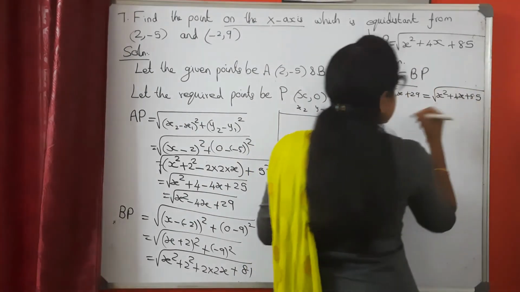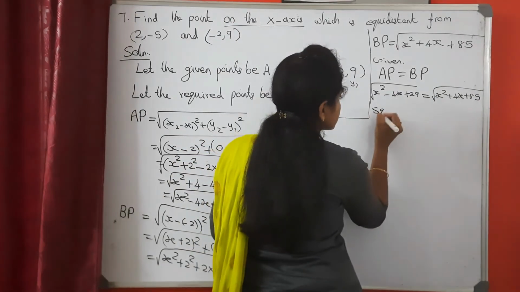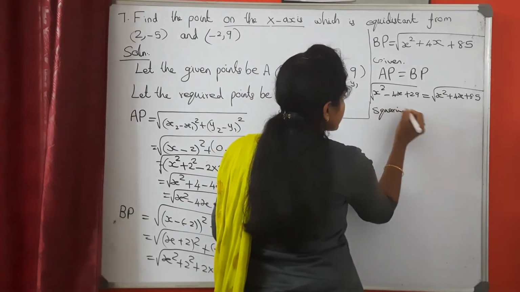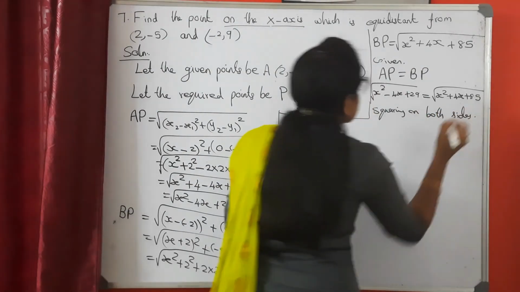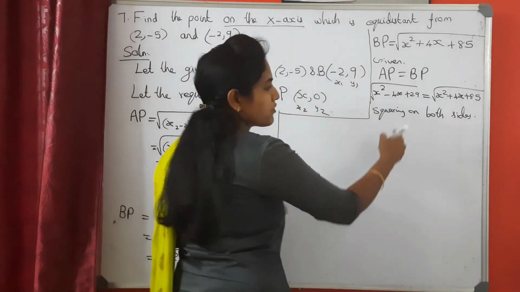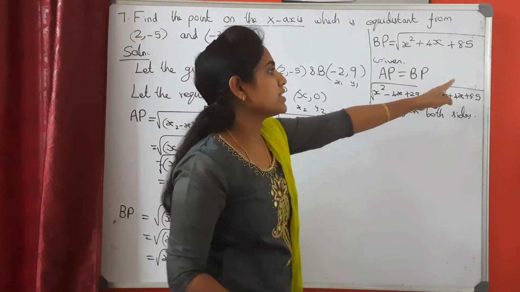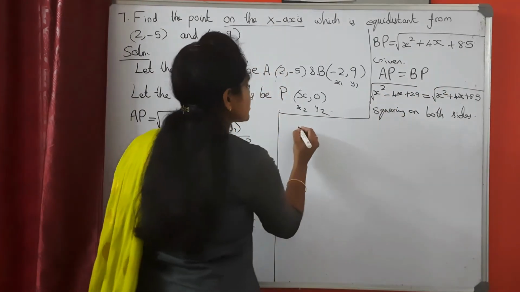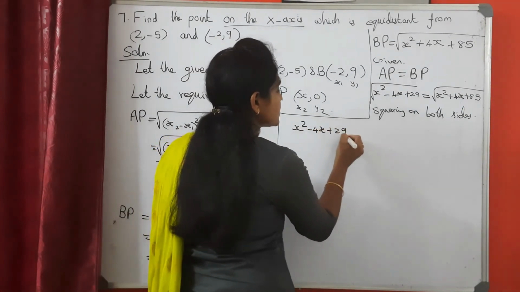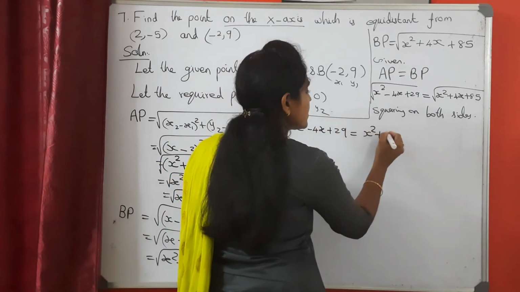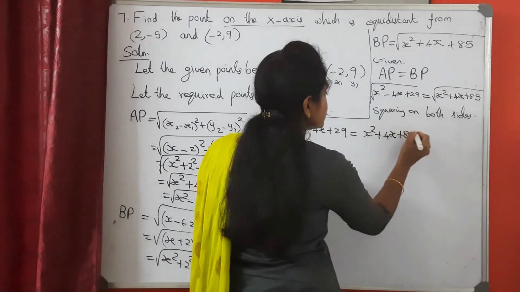Next is squaring on both sides. Now if we square on both sides, the square root we can eliminate. The remaining things you just write. x square minus 4x plus 29 equals x square plus 4x plus 85.